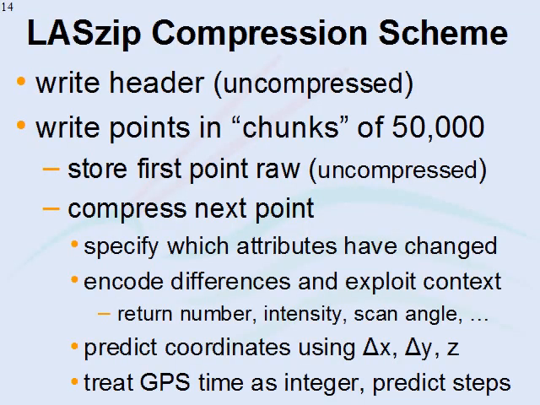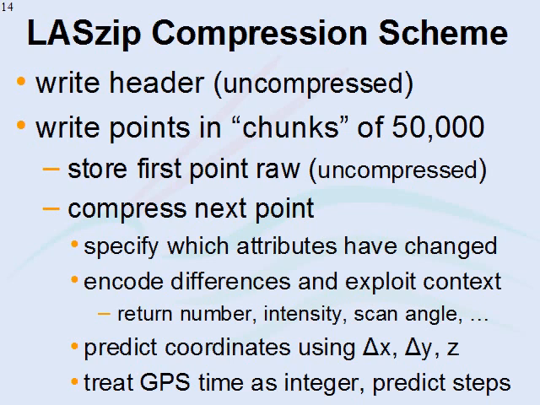So how does this LASzip work? In a previous OGC meeting, I talked about it. So it writes the header just like it is, and then it groups points in chunks. This chunk size is by default 50,000 points, but you can change it.